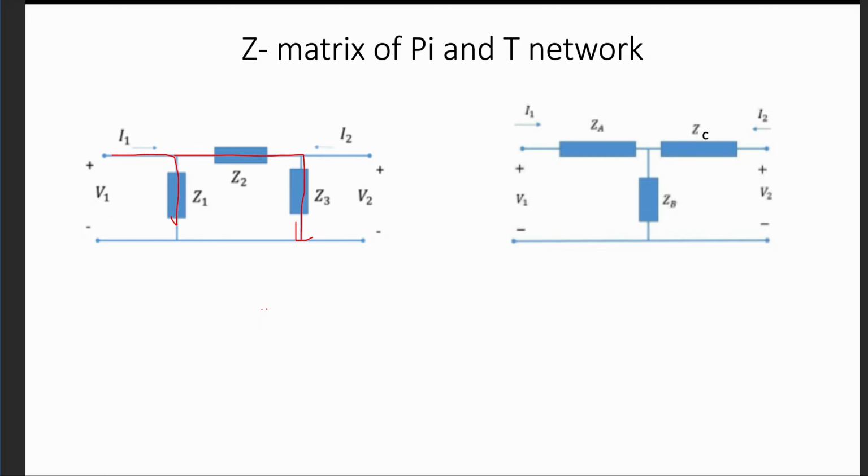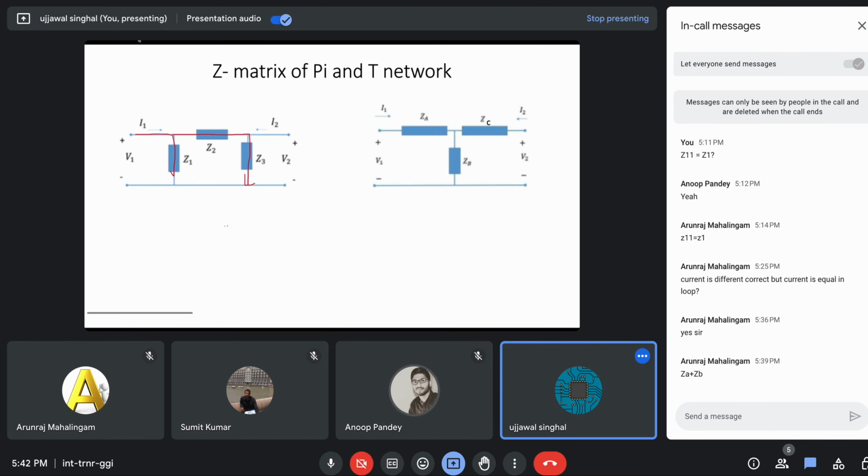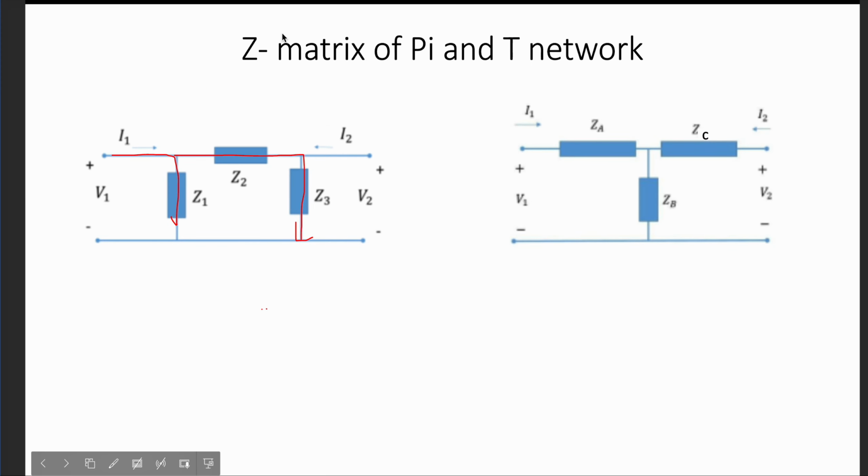Okay. Yeah, you can try. I am waiting. So anyone else want to answer what is the value of Z21?